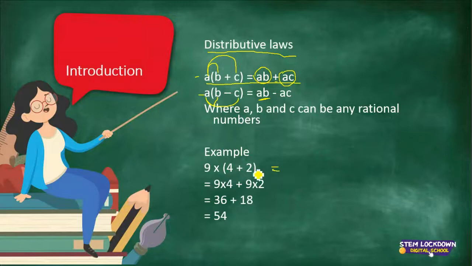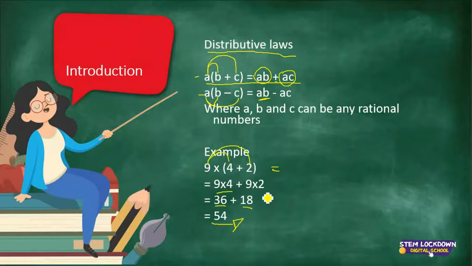If I'm using the law, I'll say 9 times 4, plus, bring down the addition sign, 9 times 2. So what is 9 times 4? Yes, your answer should have been 36. And then what is 9 times 2? Your answer is 18. 36 plus 18, your answer is 54.